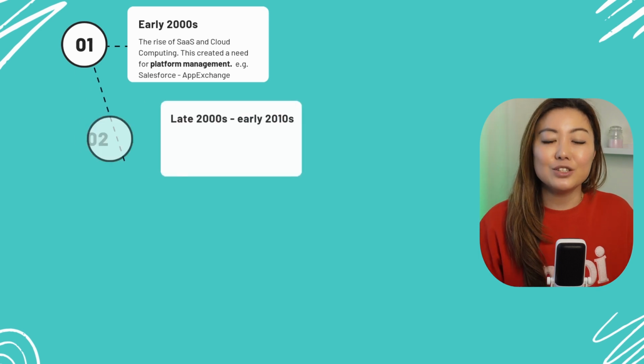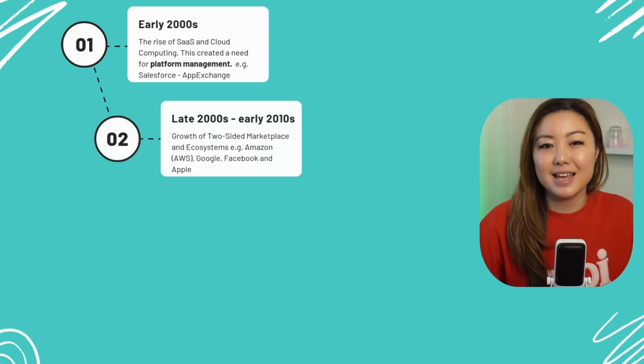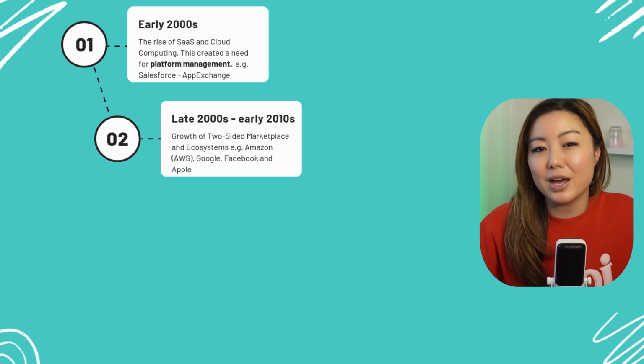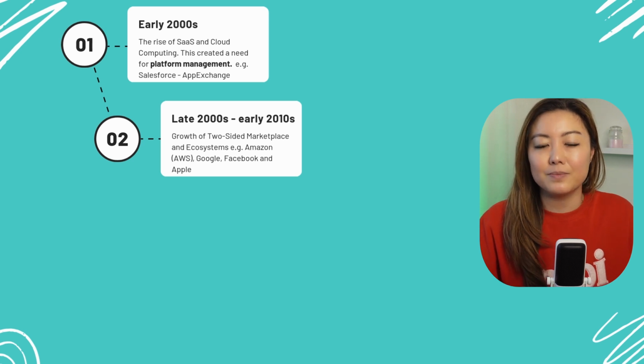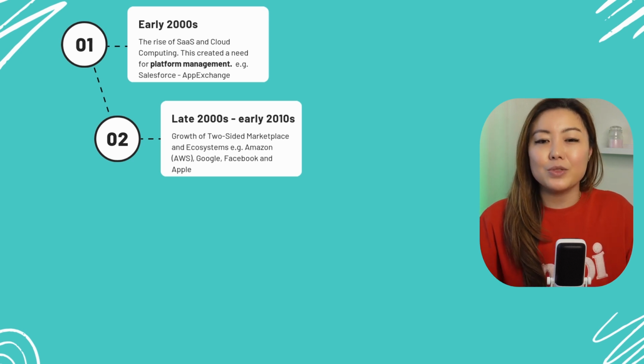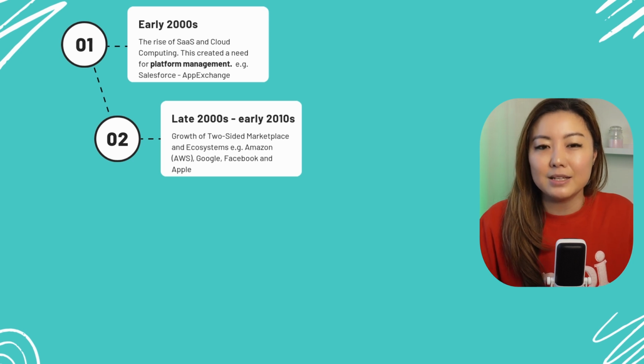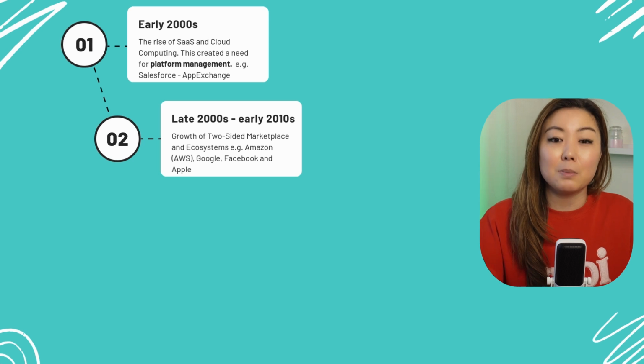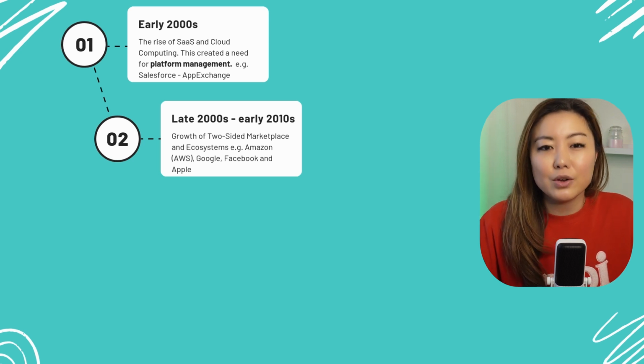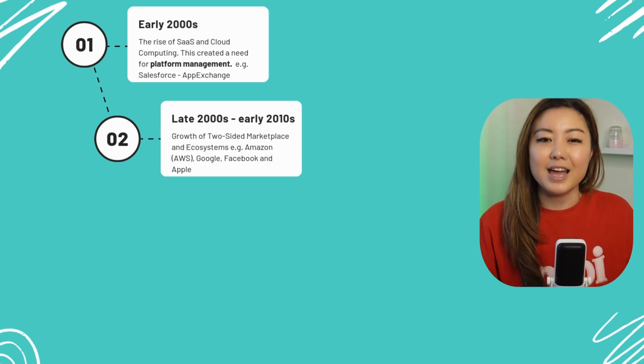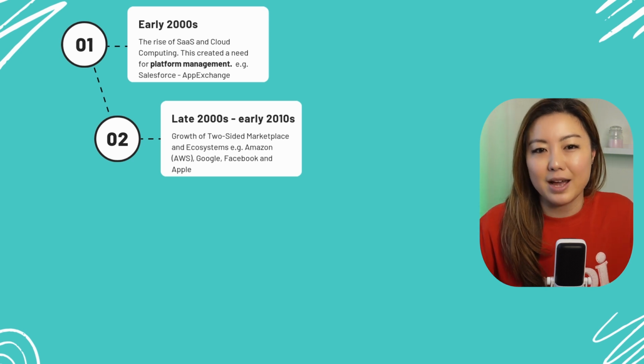As we get into the late 2000s and early 2010s, there is a growth of two-sided marketplaces and ecosystems. Companies like Amazon with AWS and its marketplace, Google, Facebook, and Apple increasingly embraced platform models, creating ecosystems where developers, users, and businesses could interact.